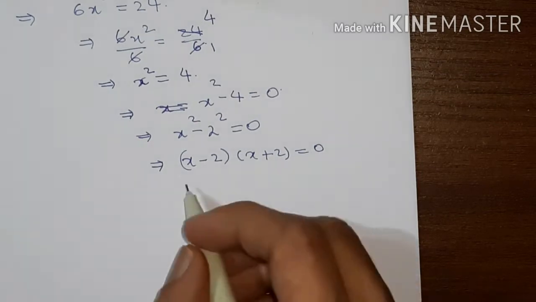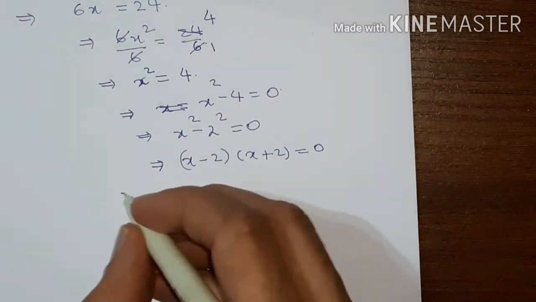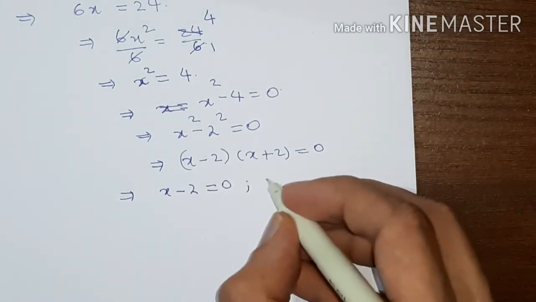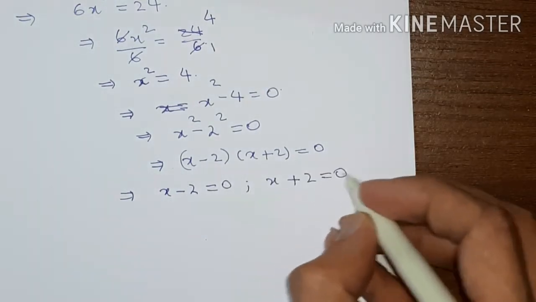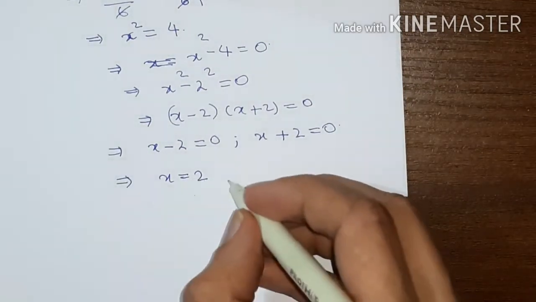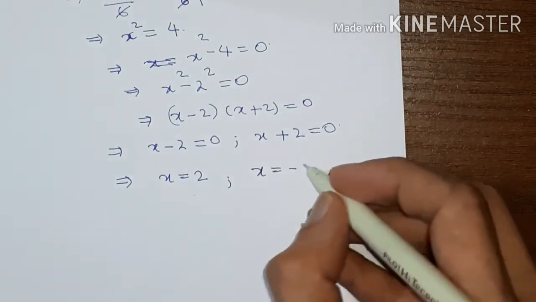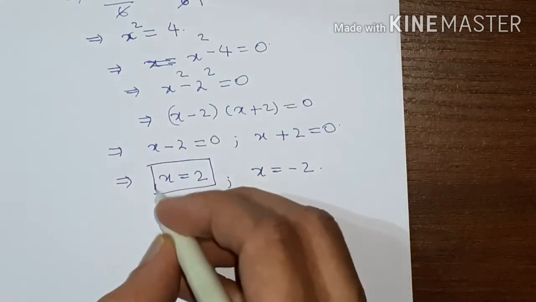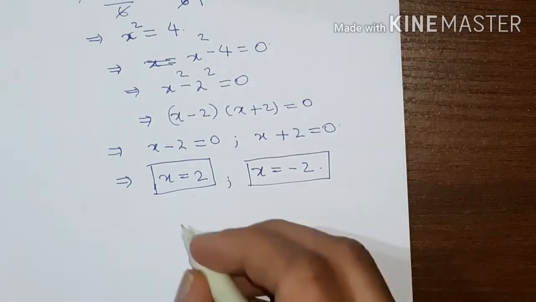So x minus 2 is equal to 0 or x plus 2 is equal to 0, which implies x is equal to 2 or x is equal to minus 2. So these are the critical points.